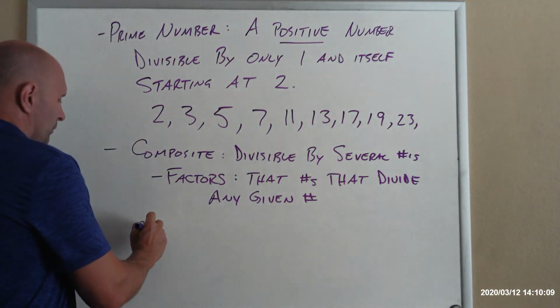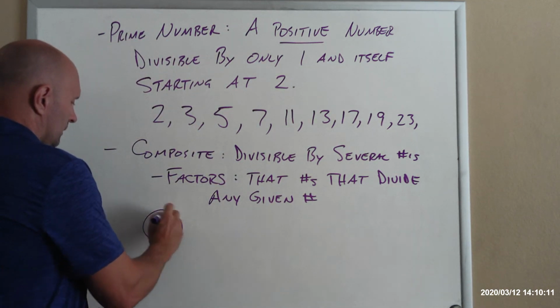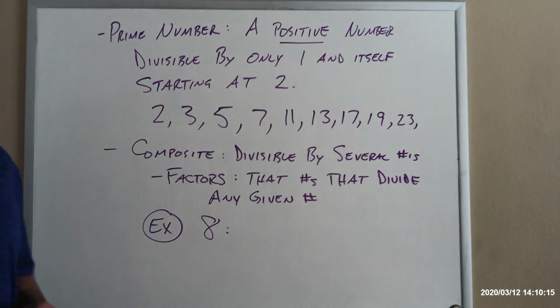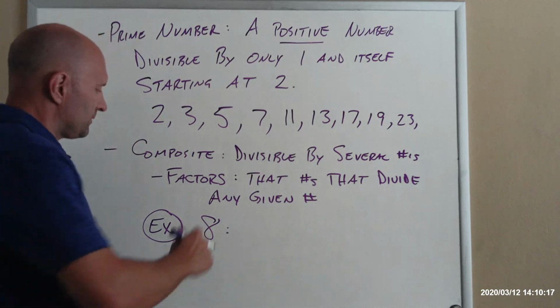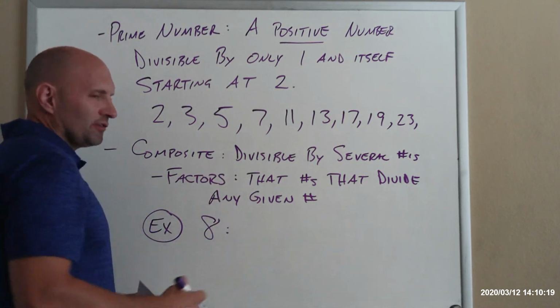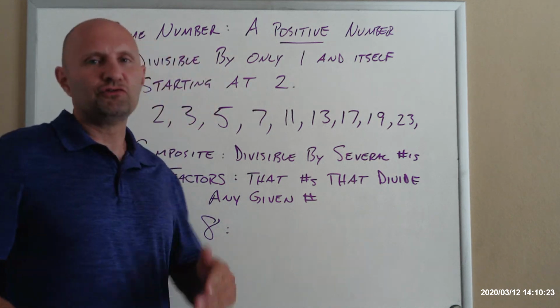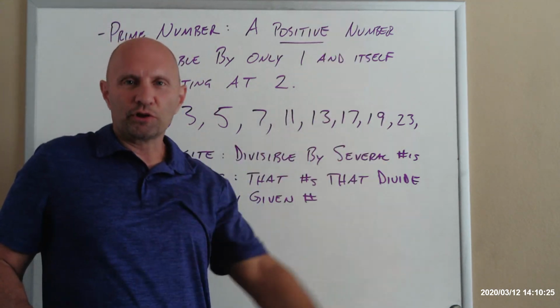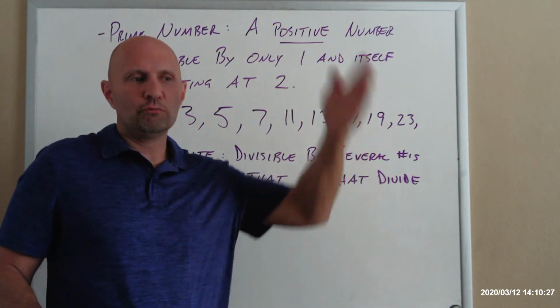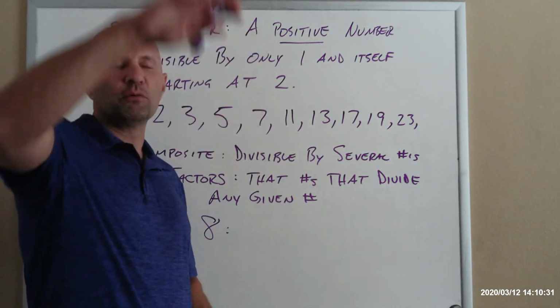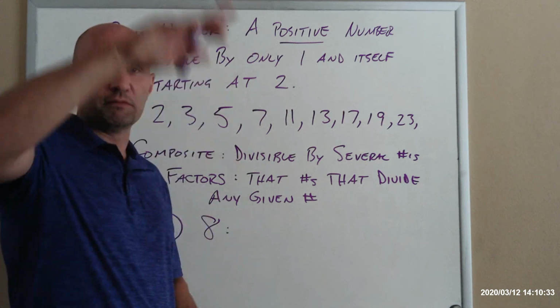So for example, let's look at the number 8. So what numbers go into 8? So the easiest way to do these, because you guys will have to start factoring some numbers, my suggestion is sort of create a vertical tree here. So work your way down, and once you start repeating multiples of each other, come back up.